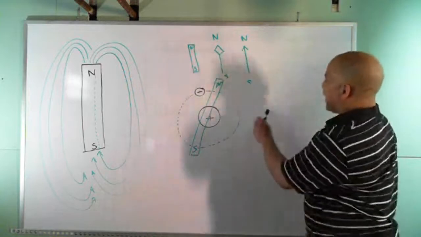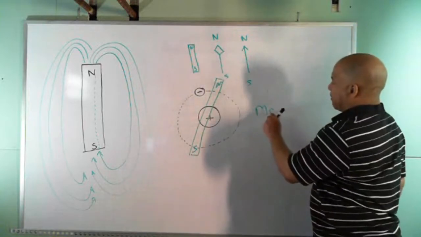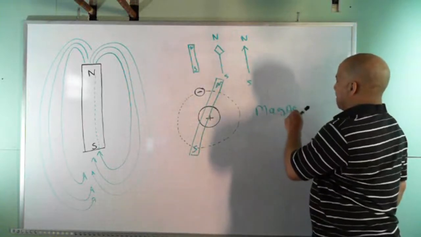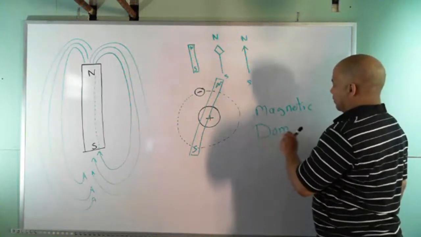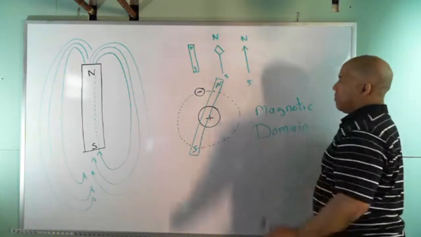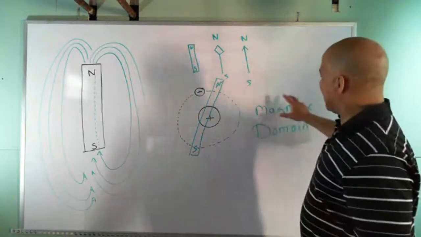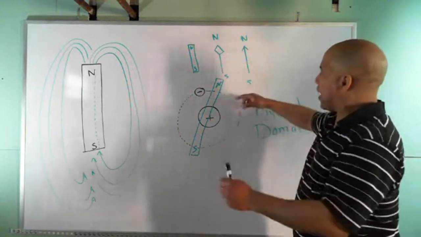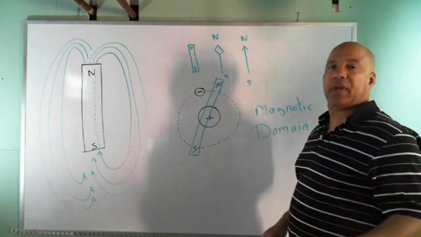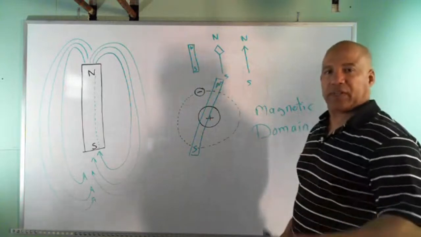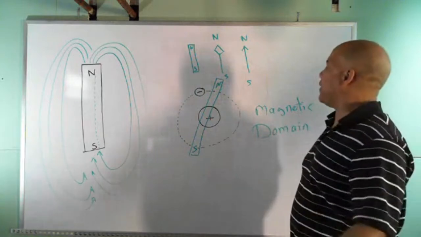And when you look at it like that, that's called a magnetic domain. A magnetic domain is the magnetic field that exists around any and all atoms because they have charge and the charge is moving. It's revolving and it's spinning.